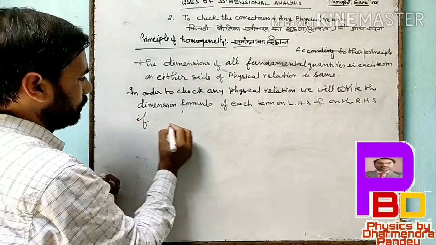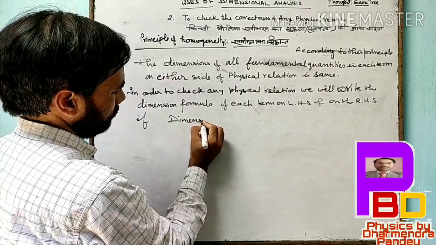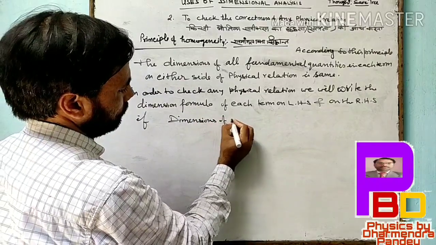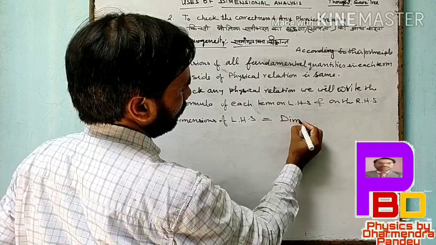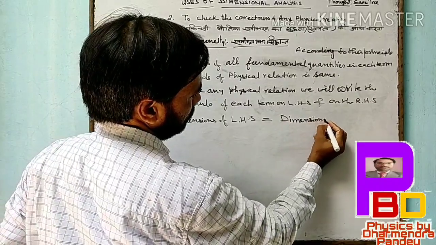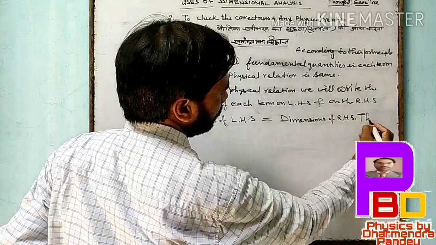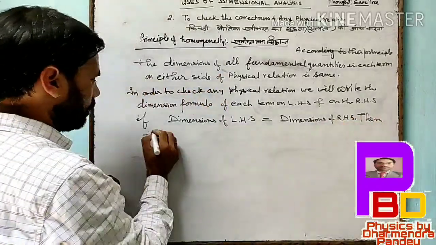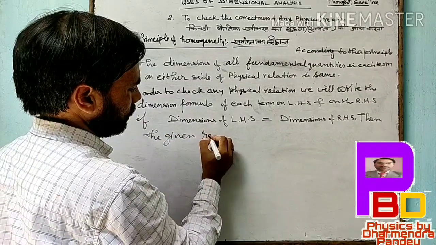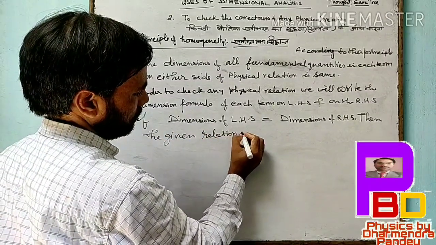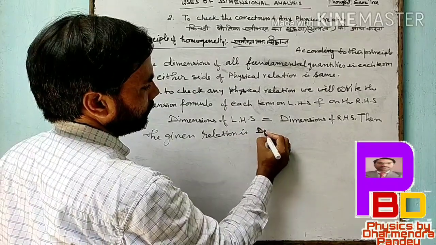If the dimension of the left hand side is equal to the dimension of the right hand side, then the given physical relation is dimensionally correct.